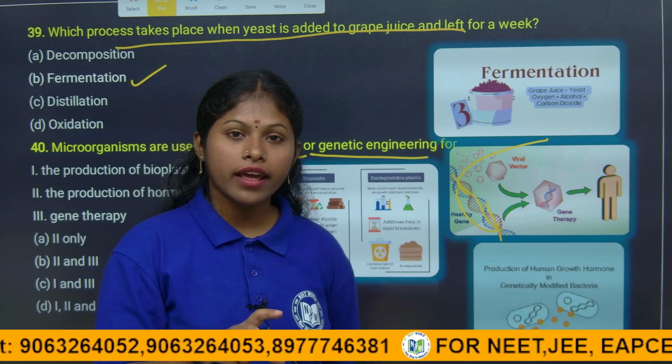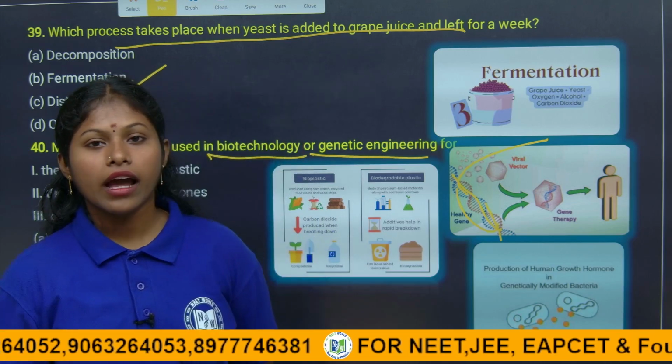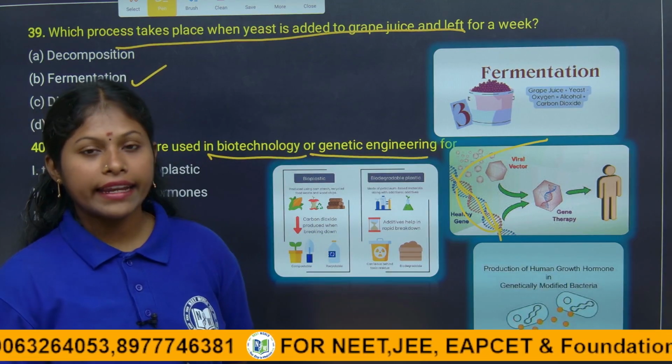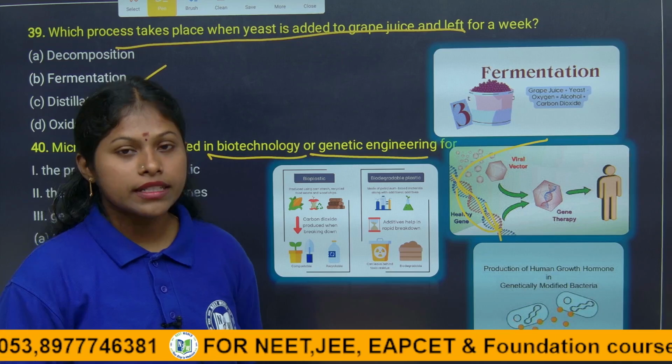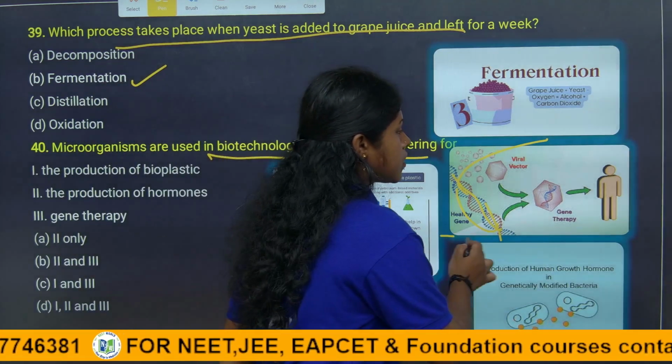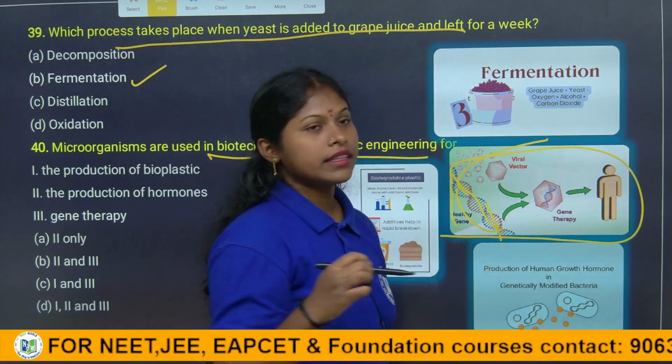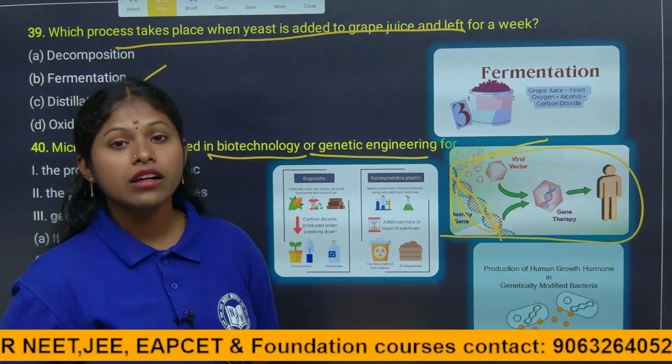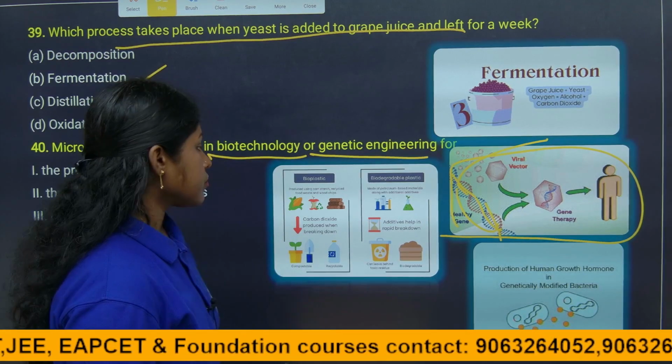The causing gene will be taken out and the healthy gene will be provided. This is how gene therapy works, children. It is mainly used to prevent genetic diseases, right.